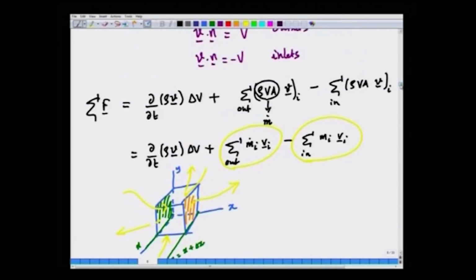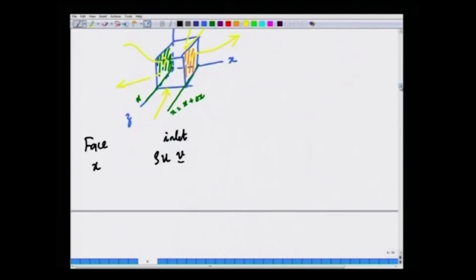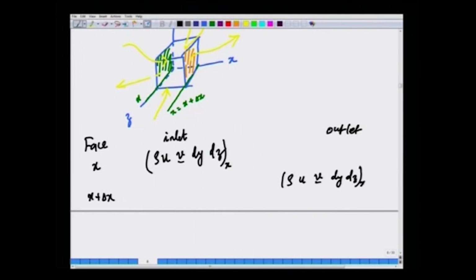I am writing this term as m dot i times v i, rho u times v times dy dz, and the outlet, all evaluated at x, is at face x plus delta x. So, you will have rho u v dy dz at x plus delta x.